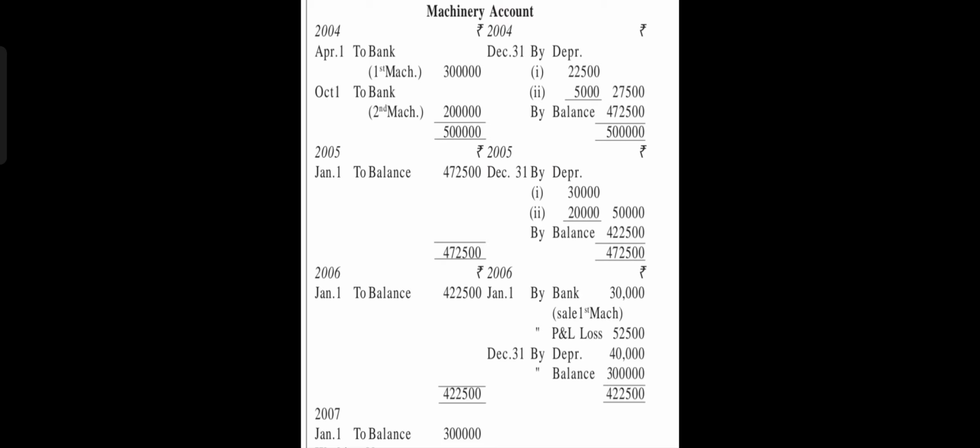Coming to the year 2006, on debit side, we will be writing the date 1st of Jan 2006, to balance brought down from the previous year 4,22,500. Now we have a transaction of sales here.